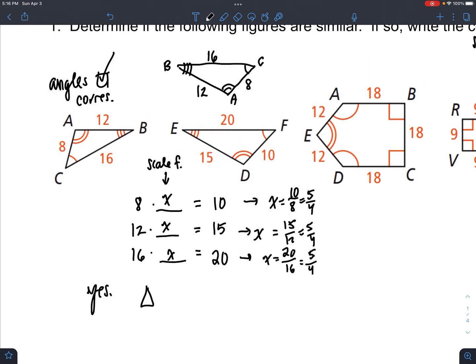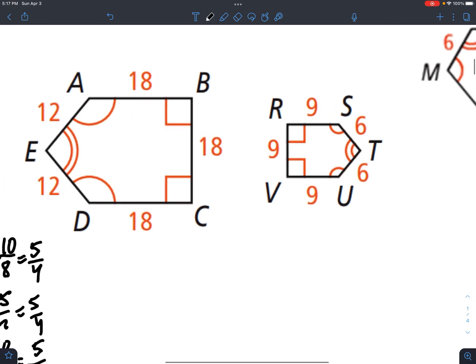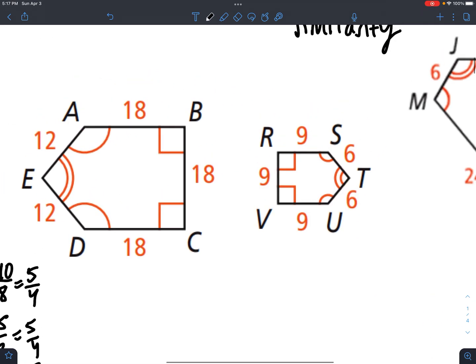And because we already drew the triangles in the same orientation, it's really easy for me to make sure that I write this statement correctly. So ABC is similar to, we start here and then go here and then go here. So we're going to start with D, go to E, go to F.